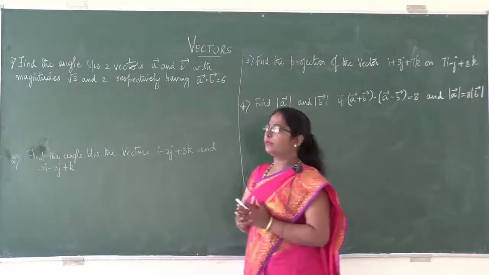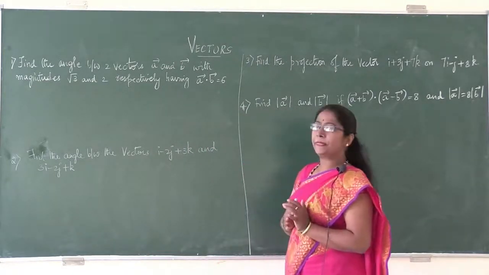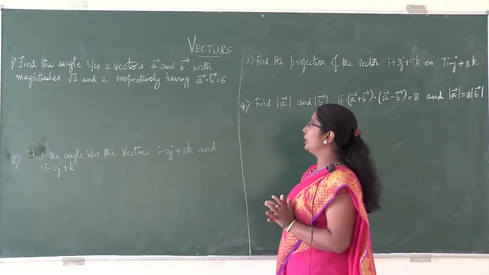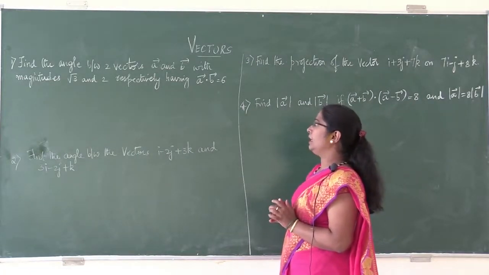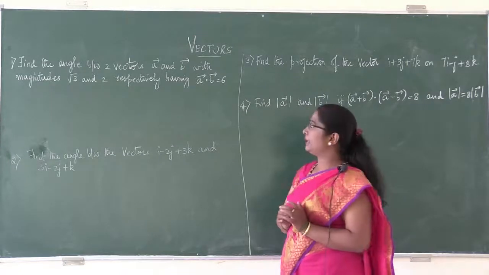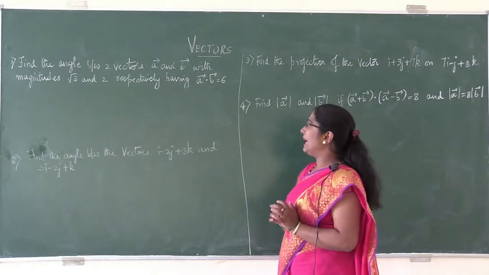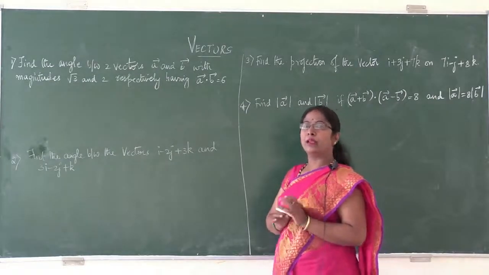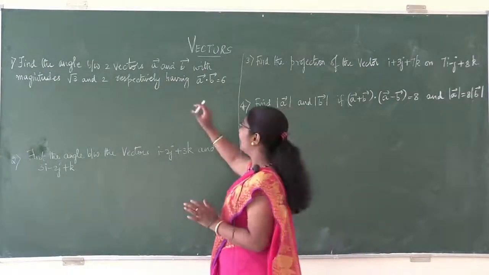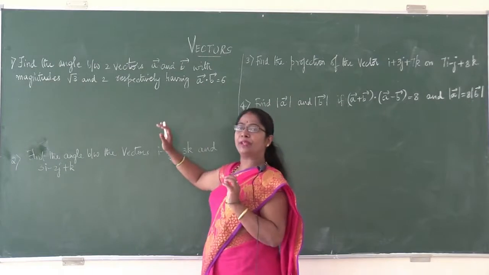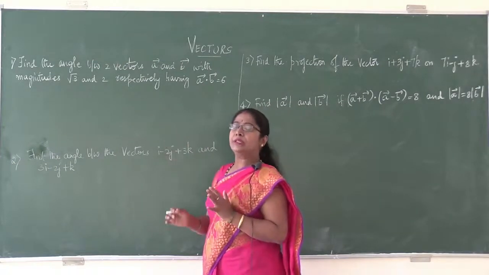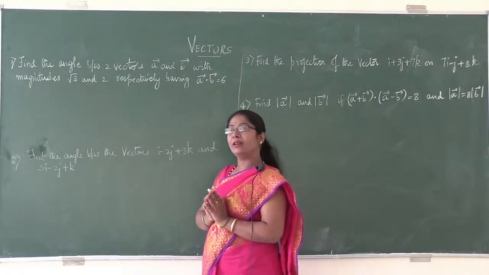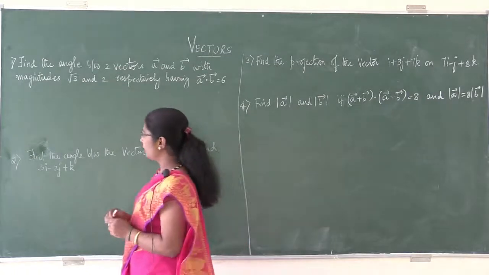Now let us solve the first problem. Find the angle between two vectors, vector A and vector B, with magnitudes root 3 and 2 respectively, having vector A dot vector B is equal to 6. The moment you read the question, the last term states that vector A dot vector B is equal to 6. So this problem is based on scalar product or dot product.